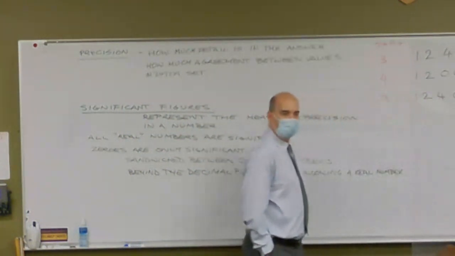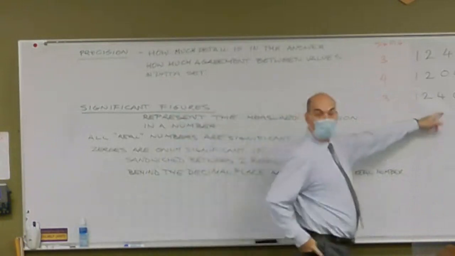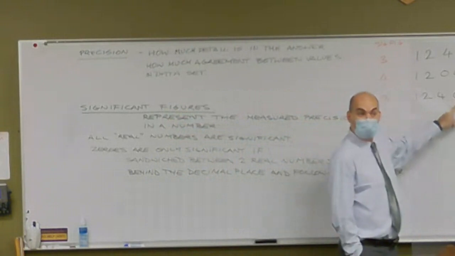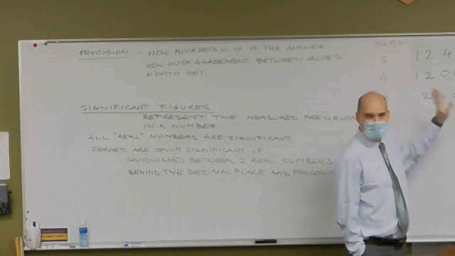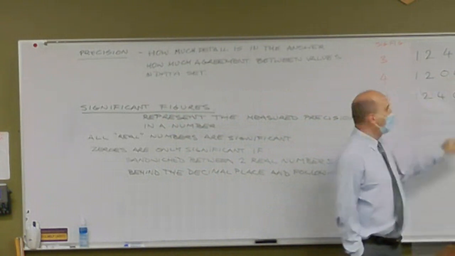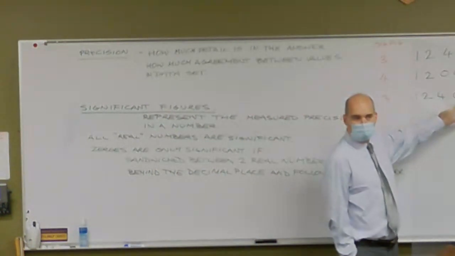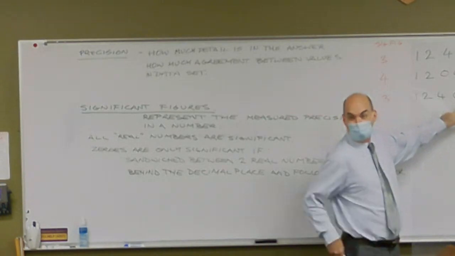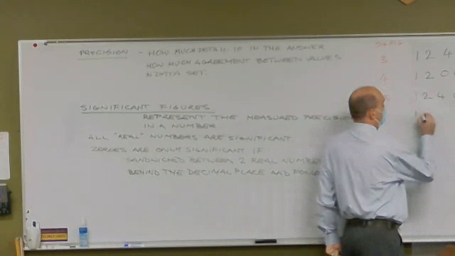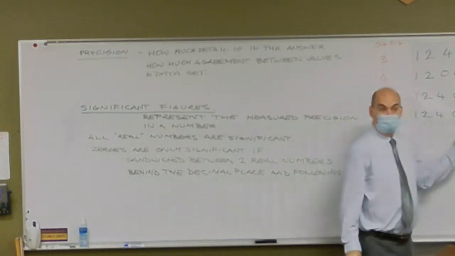If you had been told that, no, really, that really is a 0. I've measured it. I really measured it, and it really is a 0. My value is 1,240 milliliters. Guarantee that's the real answer. I want you to include that digit right there as being real. How do we do that? We do this really awkward thing. We put the decimal place there.